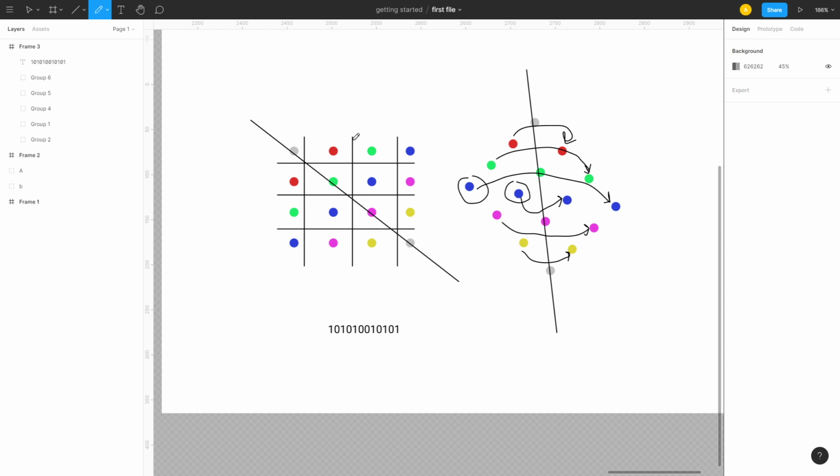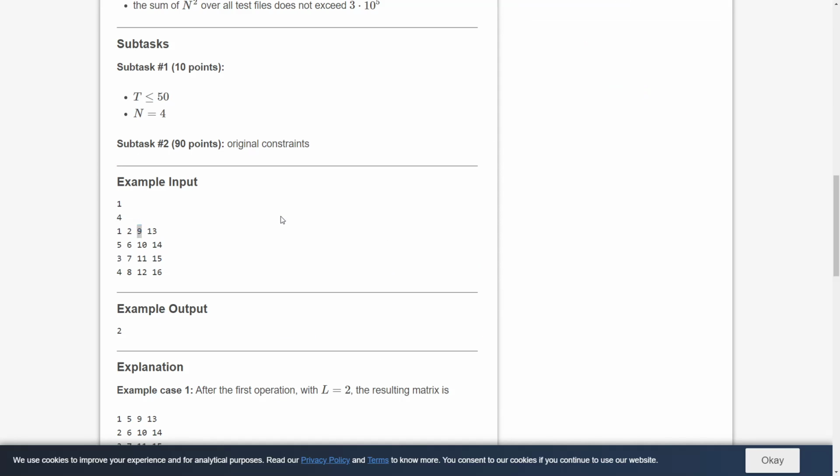In this case, your orientation matrix will be: 2 is correct, so this is true, 9 is false. Similarly, for example, now you go to this diagonal, 13 is wrong, so this will be false. Then 14 is also wrong, which will be false. 15 is also wrong, which will be false, and something like that.